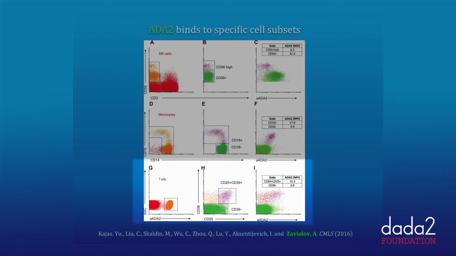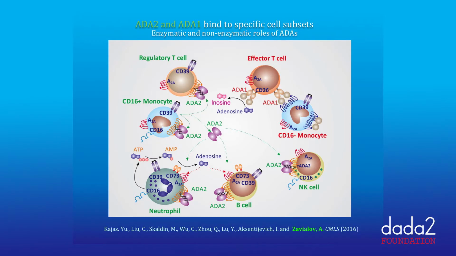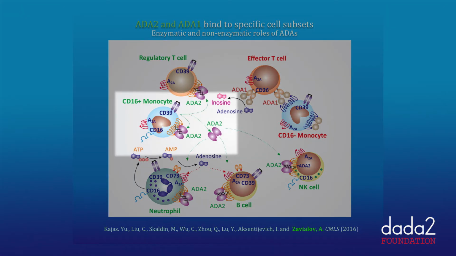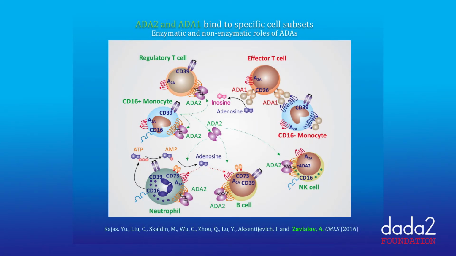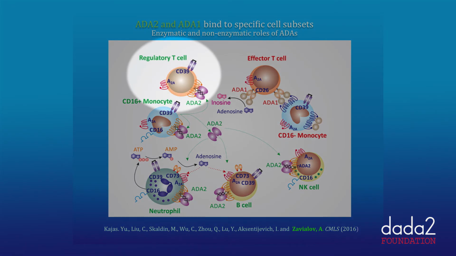So to sum up, CD16 monocytes have a lot of AD2 inside, and they can secrete AD2, and we don't know the condition for the secretion. Then AD2 can bind to regulatory T cells, neutrophils, B cells, and NK cells.